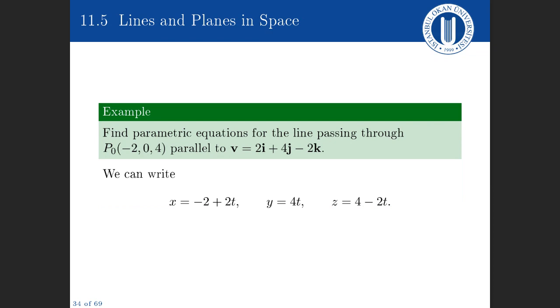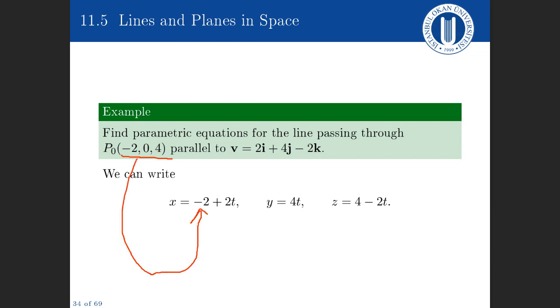For example, find parametric equations for the line passing through the point P0 parallel to the vector V. This we can do straight away. For P0, we use that for the first numbers: -2, 0, and 4.